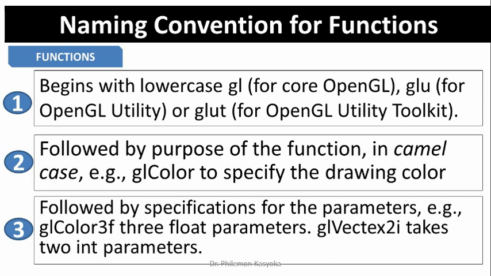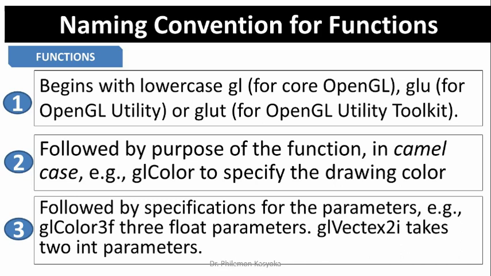Now, the naming convention that is used for these particular functions: number one, they begin with lowercase. All functions begin with lowercase, just like in most programming languages. So it can either be gl and then the name of the function, or glu and the name of the function, or glut and the name of the function.